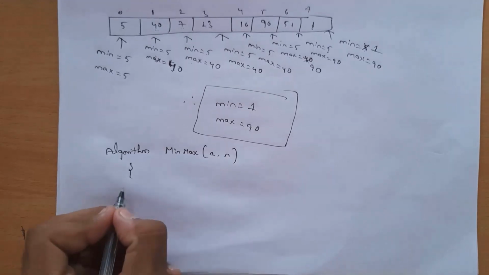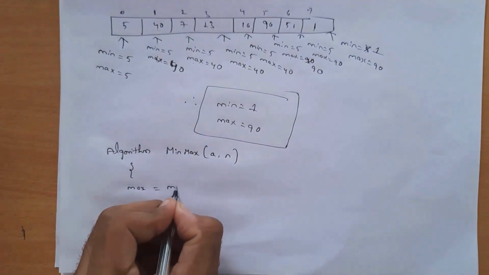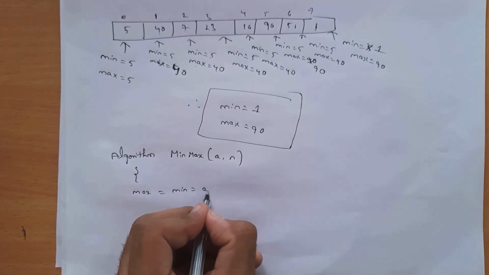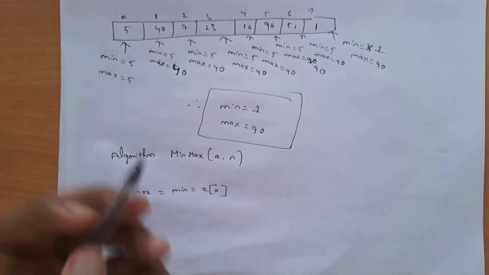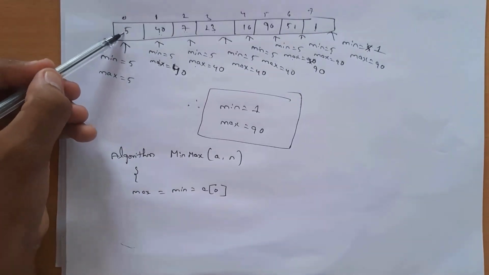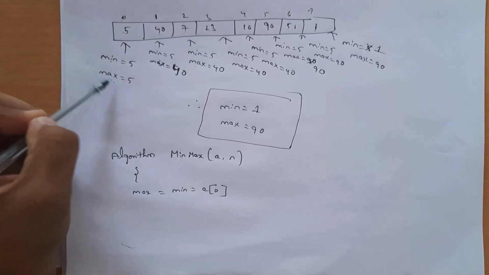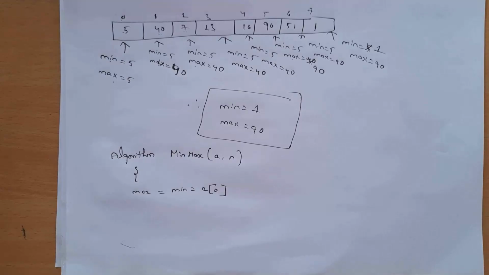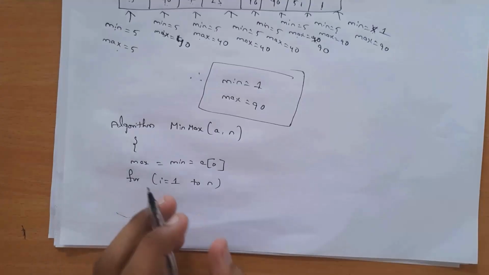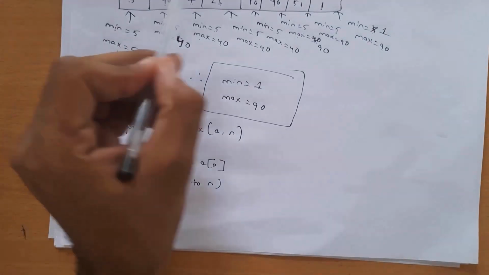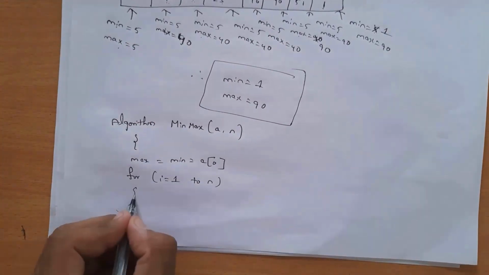Inside this you need to write max = min = a[0]. That means we are considering the first element, which is at index number 0, as the minimum element and the maximum element. For i = 1 to n, that means from 1 till index number 7, you need to apply this.